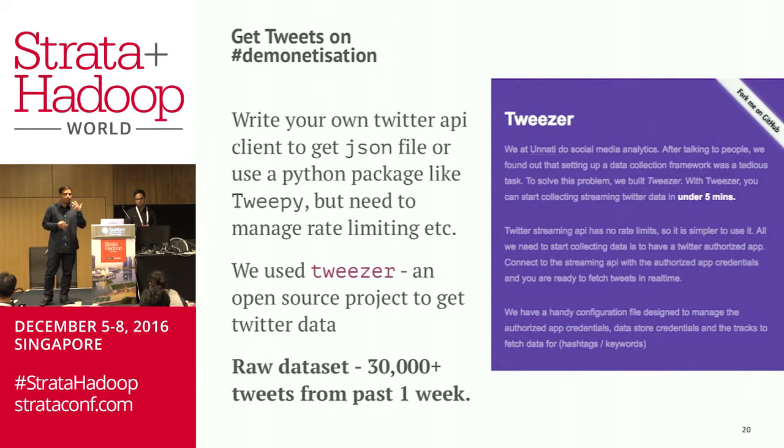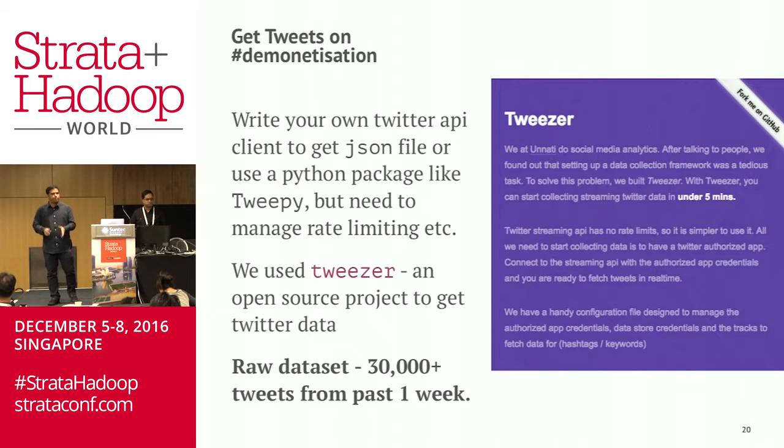You can download it, and it can access streaming data very easily. It's just a jar file. You set it up, and you can start getting in data. So we got about 30,000 tweets for the last 1 week. That was our data set to try and answer this question.